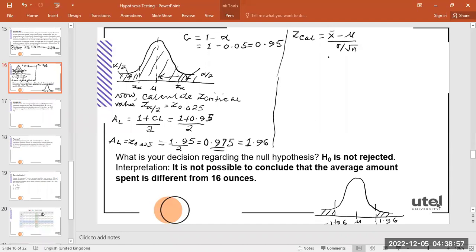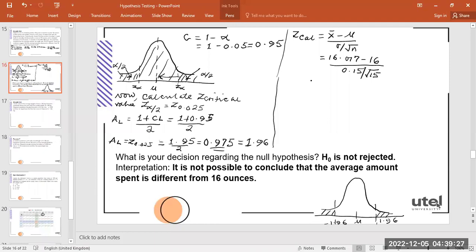From all our data, we've been given that X bar is 16.017, minus mu, the population mean, is 16, all over the standard deviation, which is 0.15, divided by the square root of the sample n, which is 15.